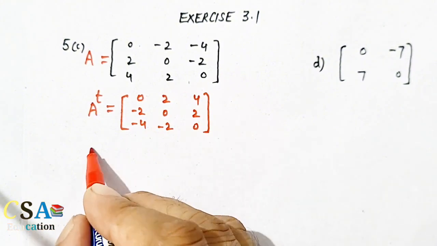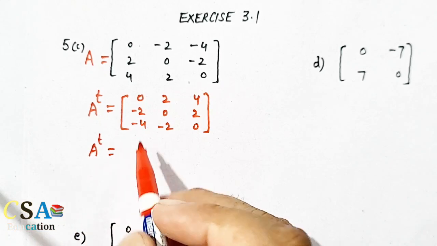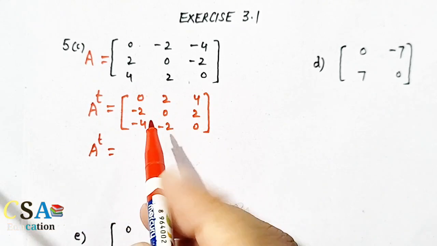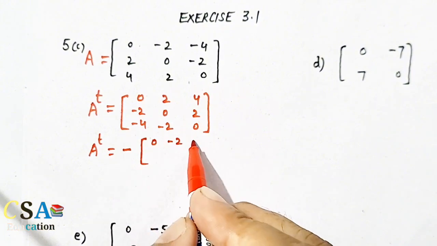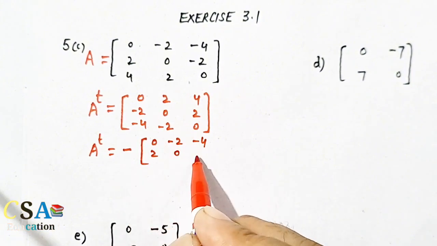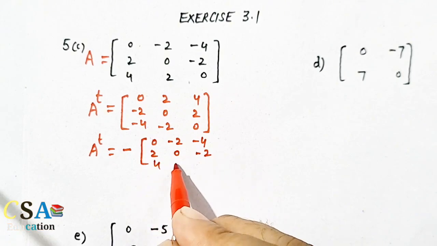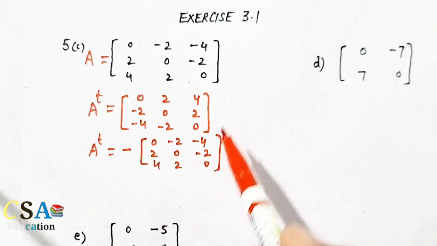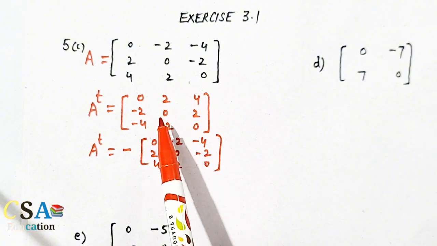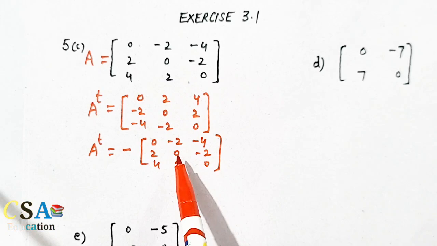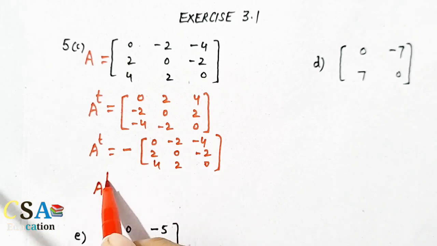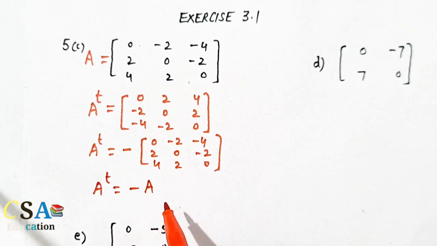So for A transpose, now take minus as common. If we take minus as common, the sign of each number will be changed, giving 0, minus 2, minus 4, 2, 0, minus 2, 4, 2, 0. So in this case A transpose is equal to minus A. So it will be skew symmetric.